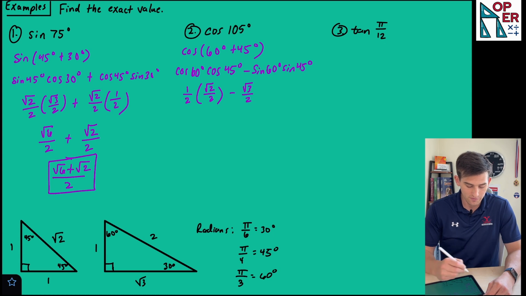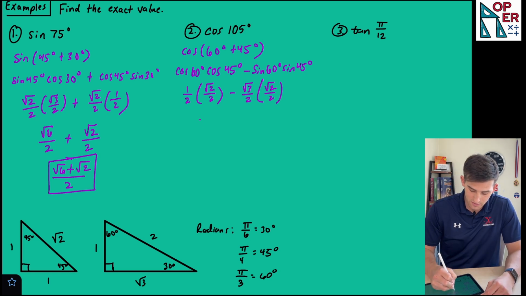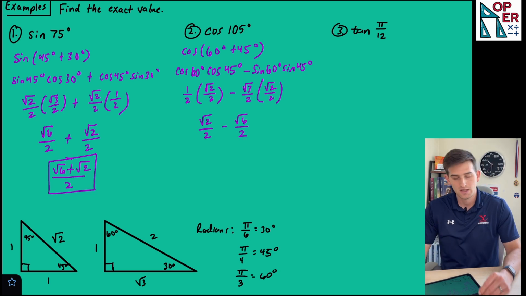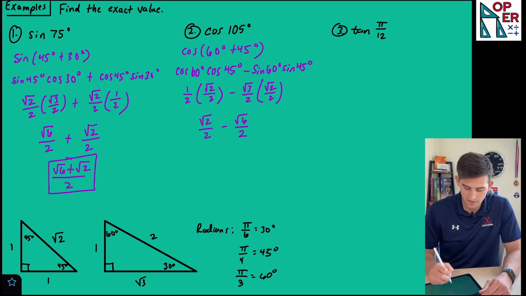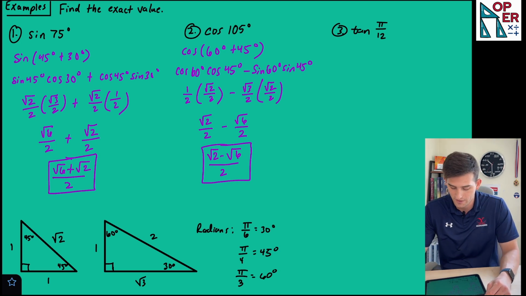And then sine of 45 we already found on example number 1, and that was root 2 over 2. So now once again we just multiply and subtract, so this is going to be root 2 over 4 minus root 6 over 4. Once again we have two fractions with the same denominator, so we could write them together as root 2 minus root 6 divided by 4. All right, and that would be our exact value for cosine of 105.